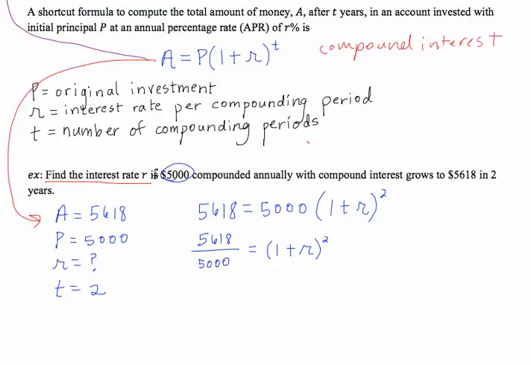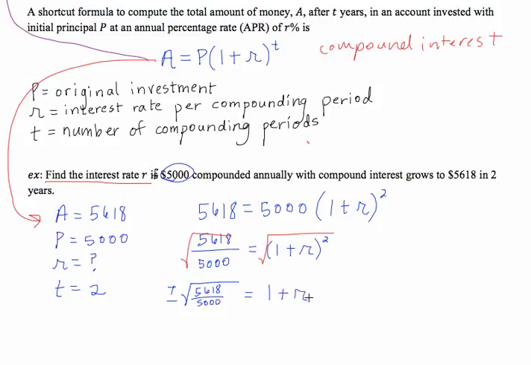Then we have the squared term by itself, so we can take the square root of both sides. On the left, we have the square root of 5618 over 5,000. On the right we have the square root of a variable squared, which means we also need to put a plus or minus on the left.